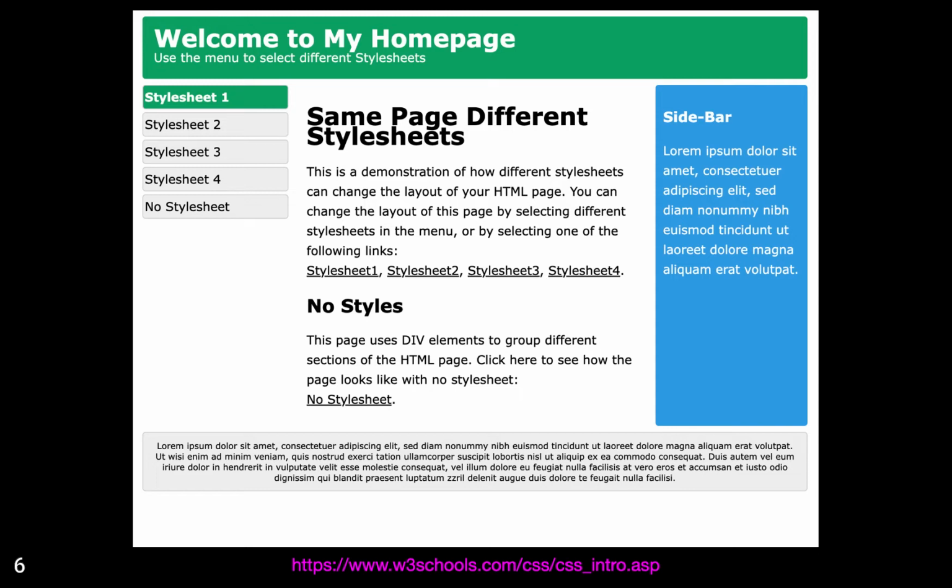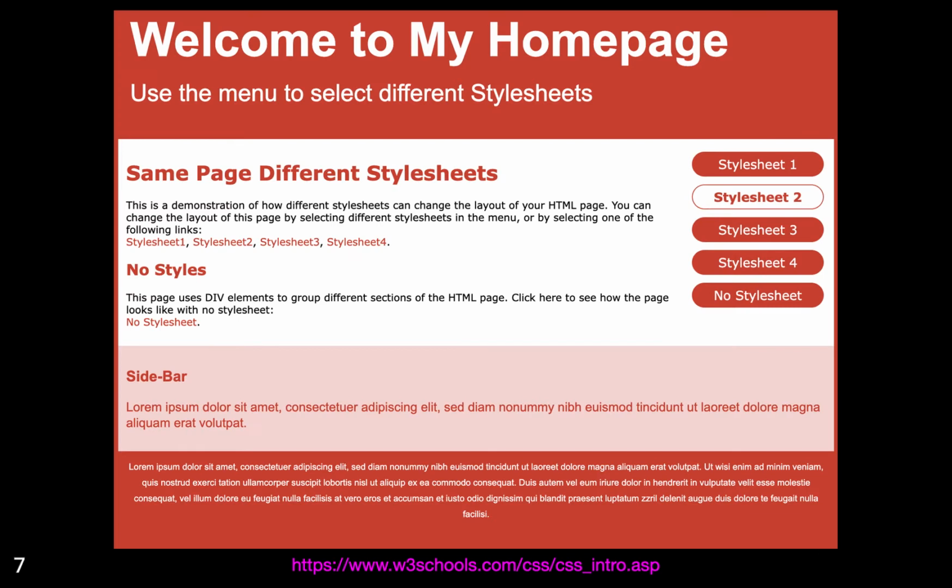We see now that there was a piece of it labeled sidebar, which makes a lot more sense now over on the right side, the blue sidebar section. There's a segment at the very bottom that was just sort of leftover bottom text. Let's, quote unquote, click another style sheet. Boom. All the same content.